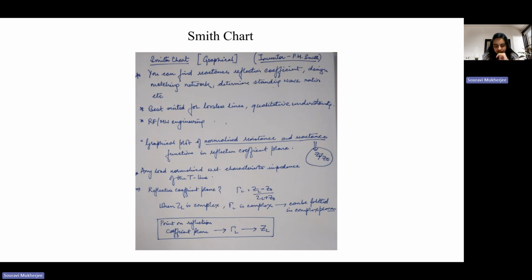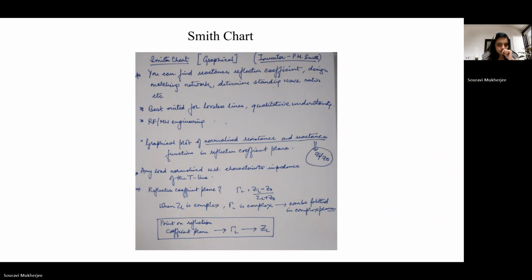You remember in the last class we discussed that, based on the R, L, G and C values of your transmission line, the distributed parameters, you can define a characteristic impedance of your transmission line. And we saw that if your input impedance matches the characteristic impedance at the source end, and at the load end the load impedance matches the characteristic impedance, then that's the impedance matched condition.